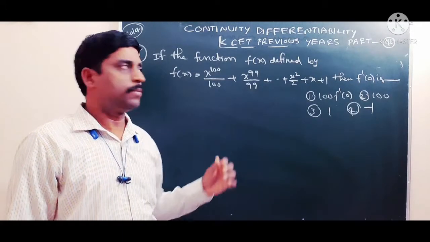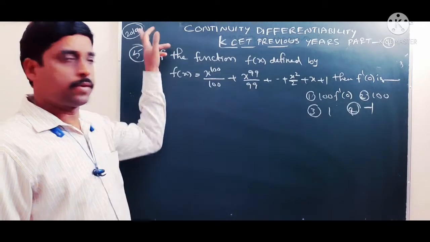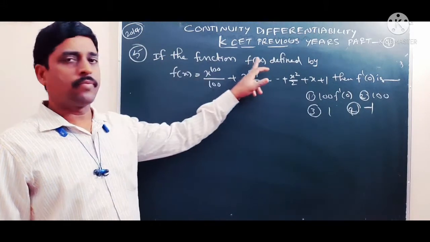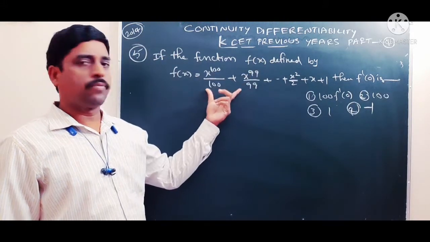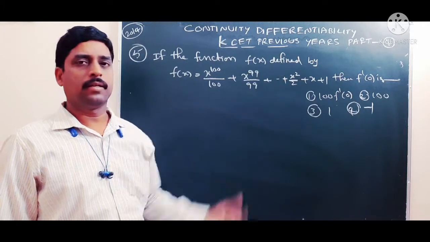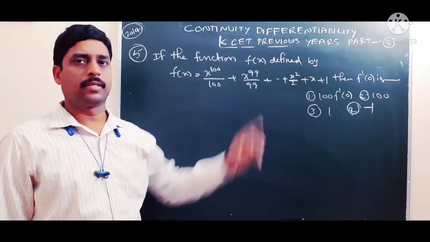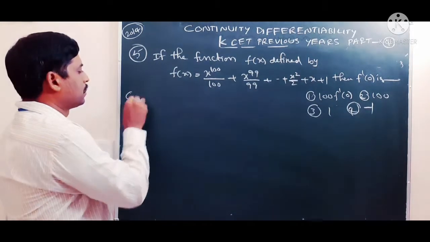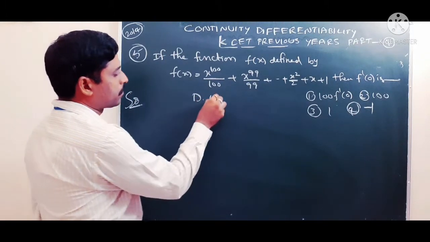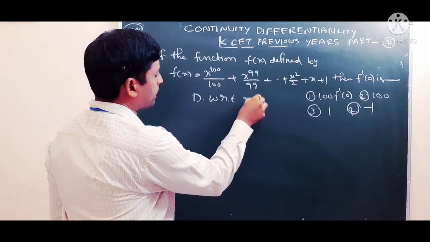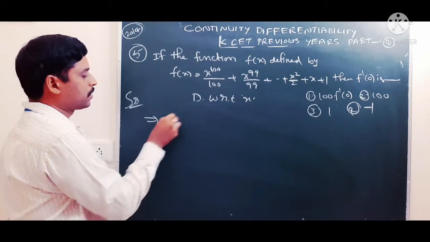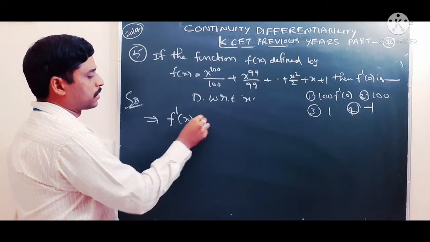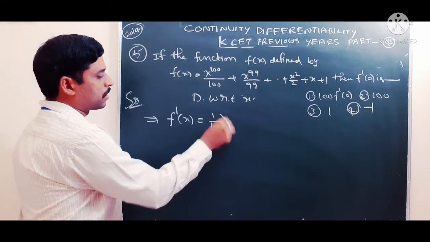Let us go to the next problem. This is from 2014. If the function f of x is defined by, so one f of x function is given, then we have to find f dash 0. Okay. Now take the derivative on both sides with respect to x. So the derivative of f of x gives f dash x, 1 by 100 constant.